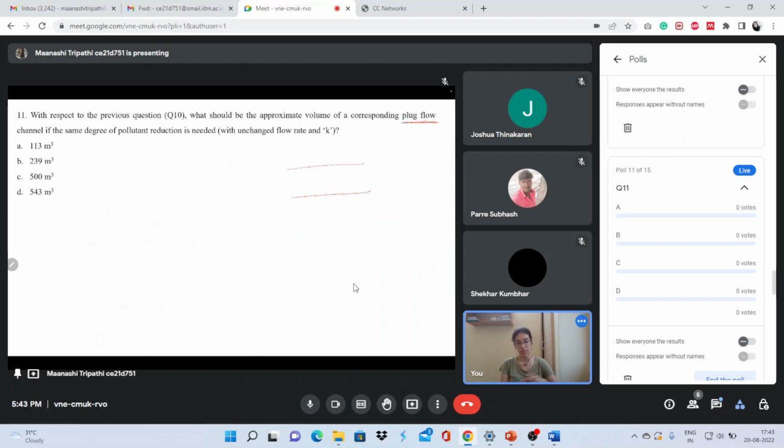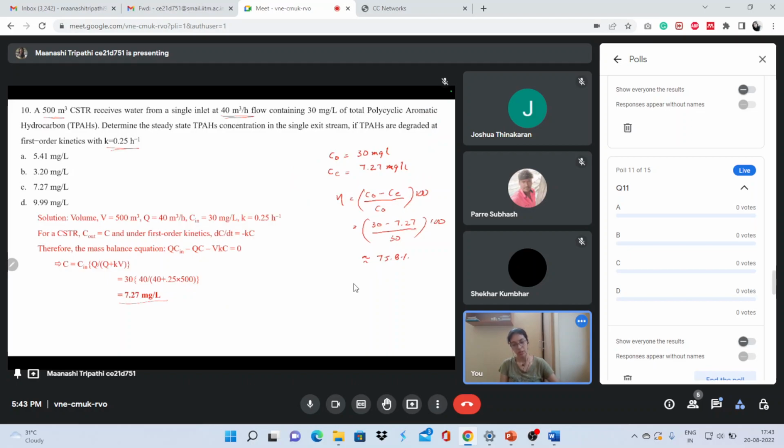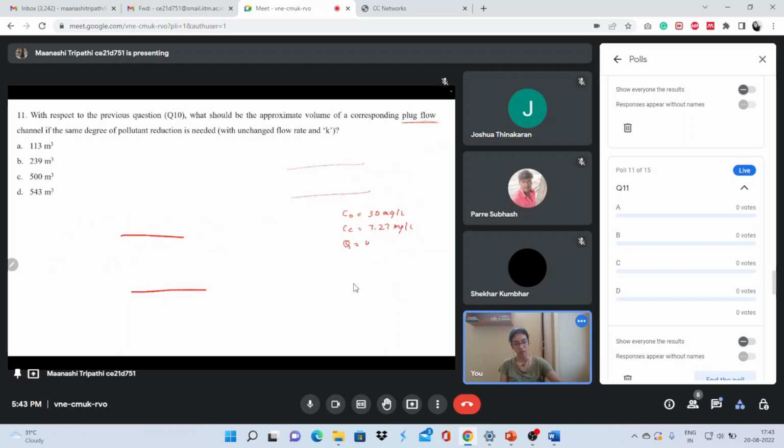Treatment is needed. C naught is 30 mg per liter. C is 7.27 mg per liter. Flow rate is, what was the flow rate? 40 meter cube per hour.